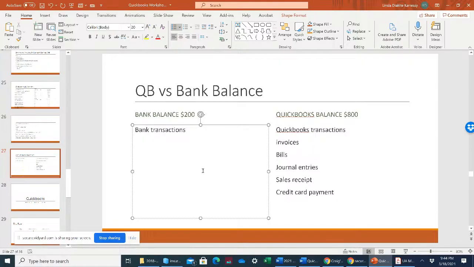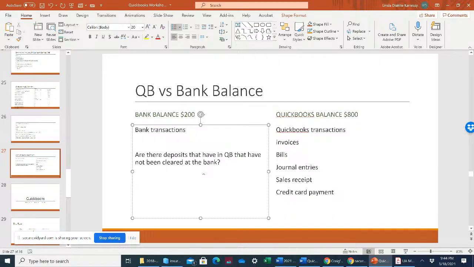I would ask myself, are there deposits that I have in QuickBooks that have not cleared at the bank? So QuickBooks is 800, bank balance is 200.